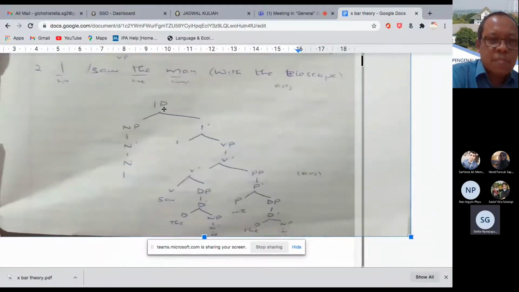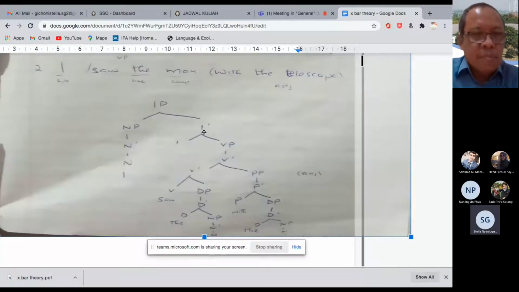We have the inflection phrase, which we first begin with the subject part, which is the noun phrase, which branches to N bar, and then the noun I. So the verb predicate now: you have the inflectional phrase, the inflectional bar, which branches to I and the verb predicate.